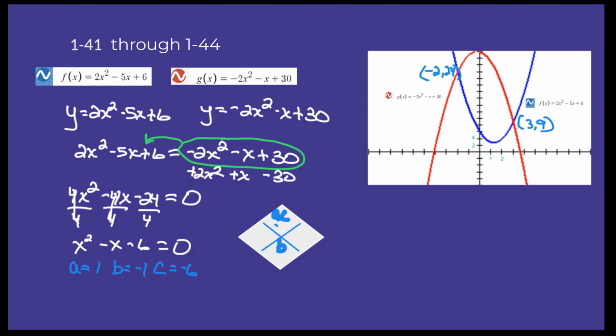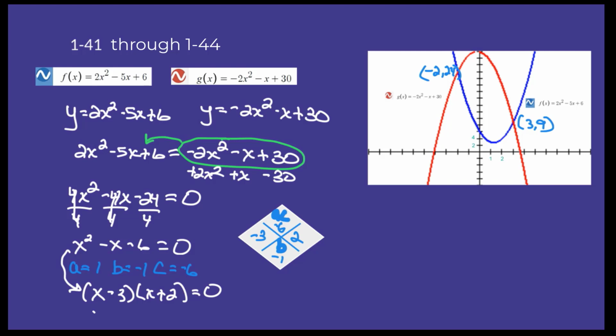So that means A times C is going to be a negative 6, and B is going to be a negative 1. So I have to come up with two numbers that multiply to a negative 6 and add up to a negative 1. That is negative 3 and 2. So I can come over here and factor this equation. I'll put the factors down here: x minus 3 and x plus 2.